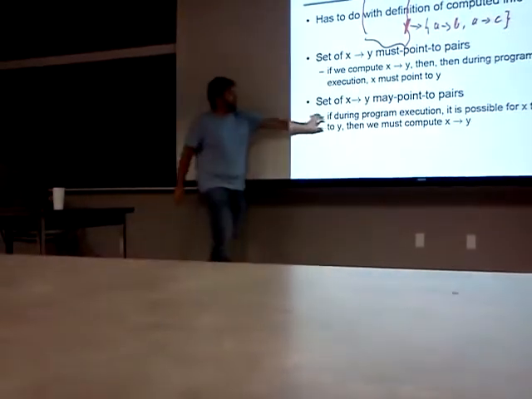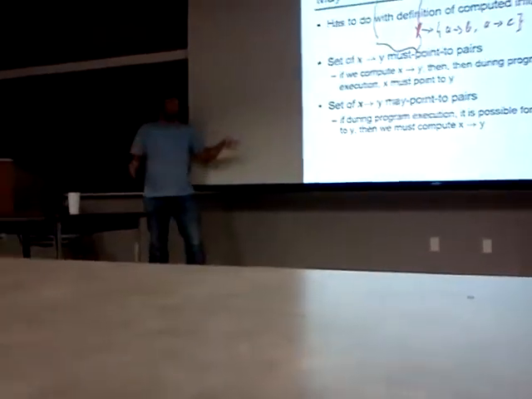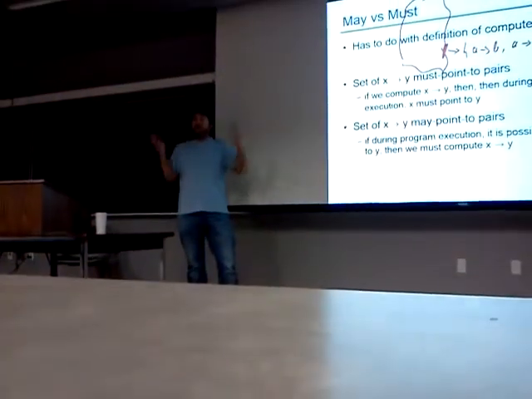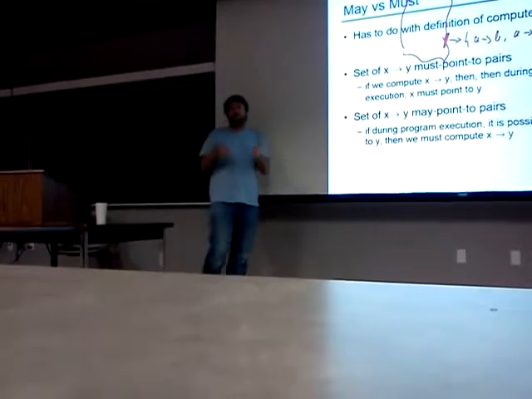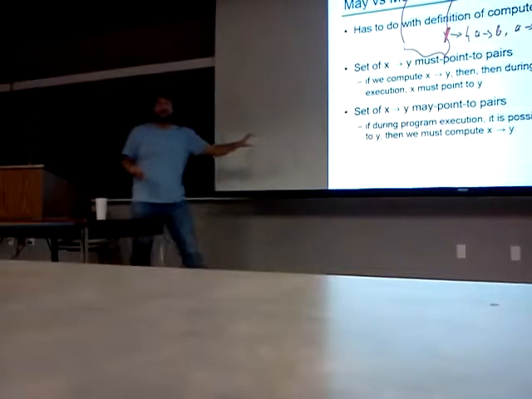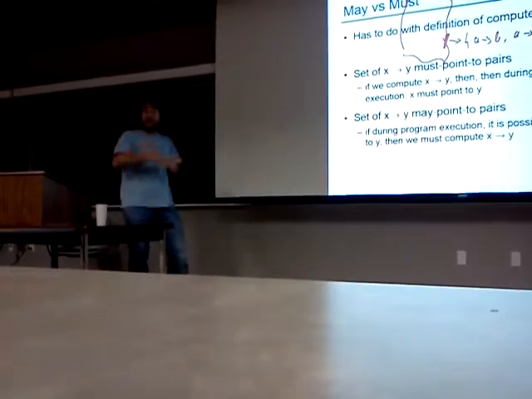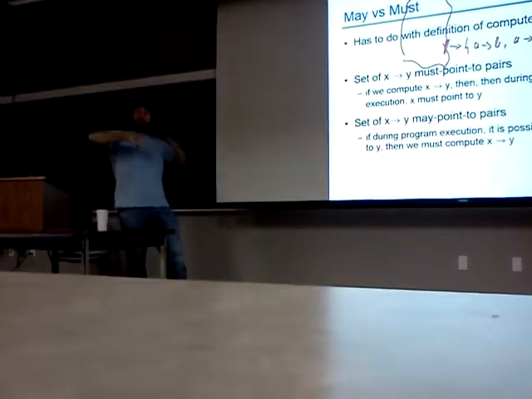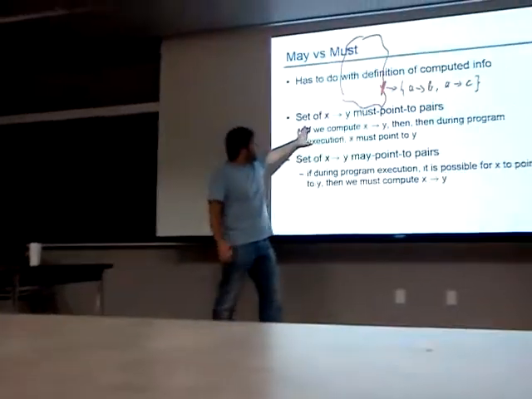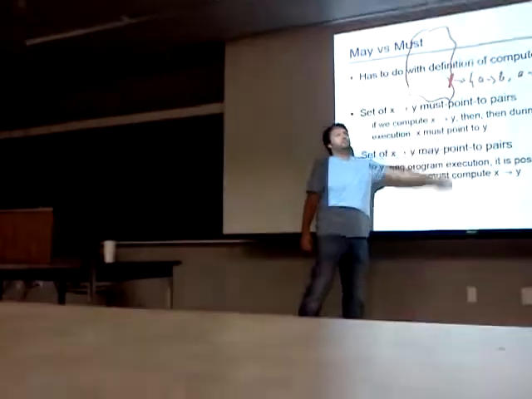What that means is we can compute more than what's there. We can always put more things, so it's always safe to basically compute the full set, as long as we have the things that characterize what's happening at runtime. So may pointer analysis allows us to capture what's there at execution, and it allows us to over-approximate, to have more things there. Whereas with this one, if you compute it, then X must point to Y during program execution.